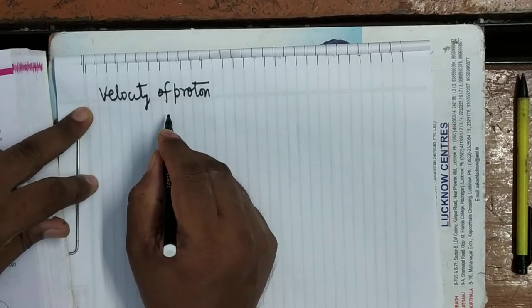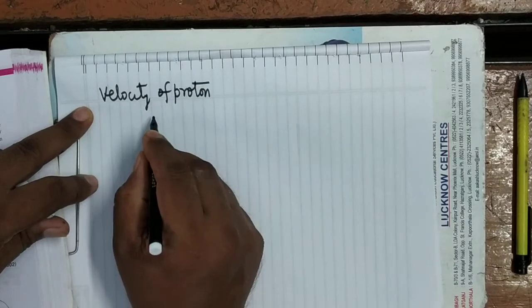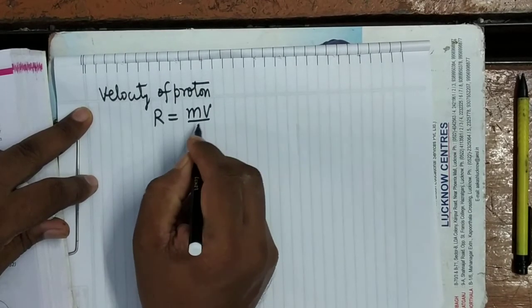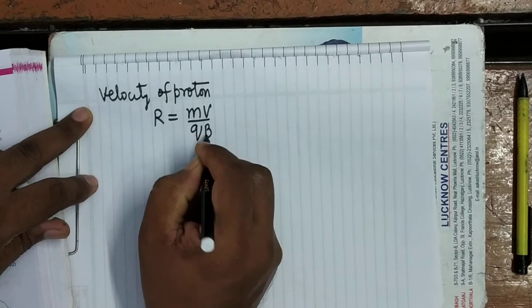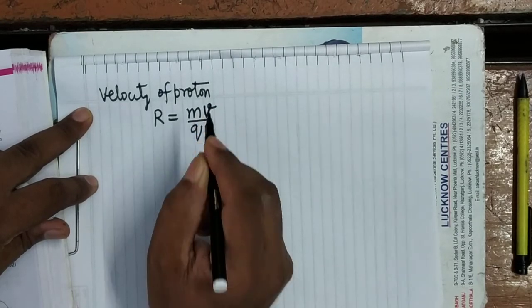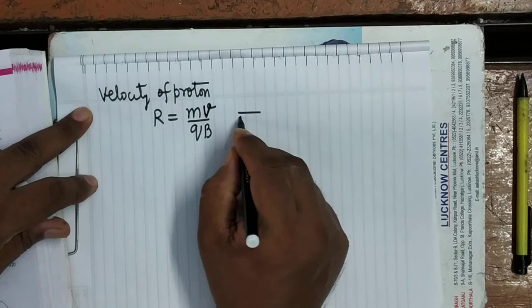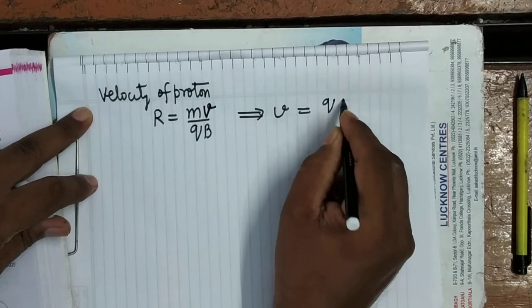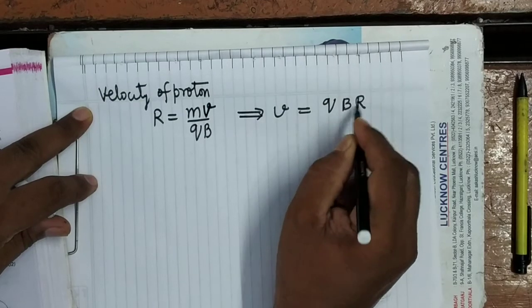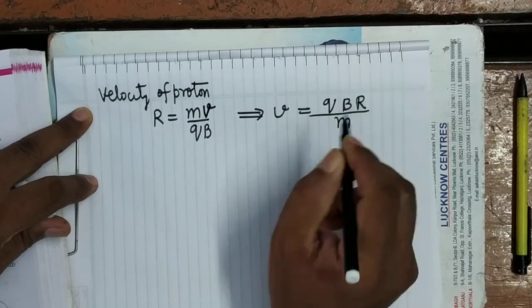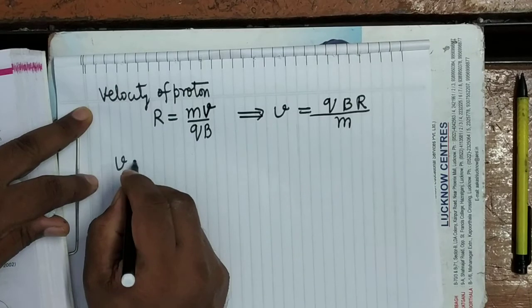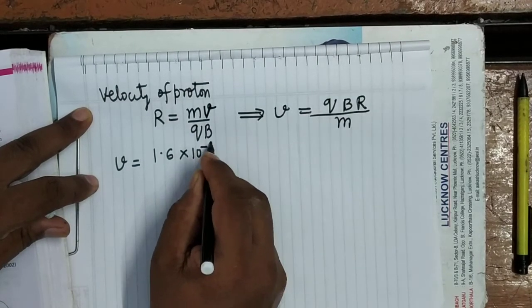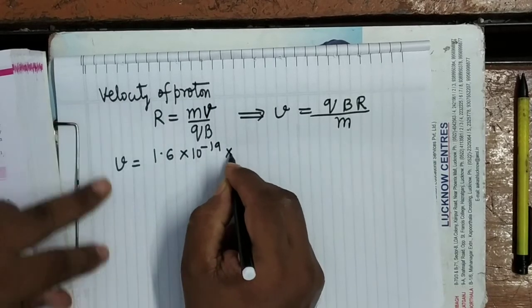It will be R equals mv upon qB. Here this v is velocity. So v equals qBR upon m. Now you substitute, v equals q, 1.6 into 10 to the power minus 19.